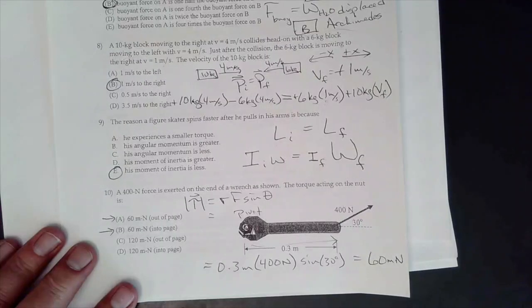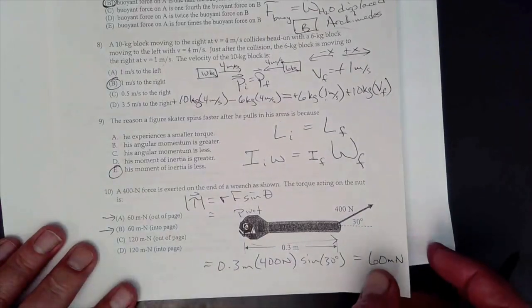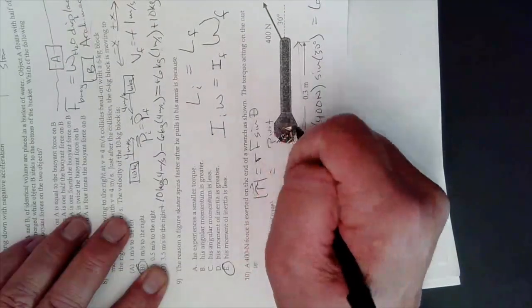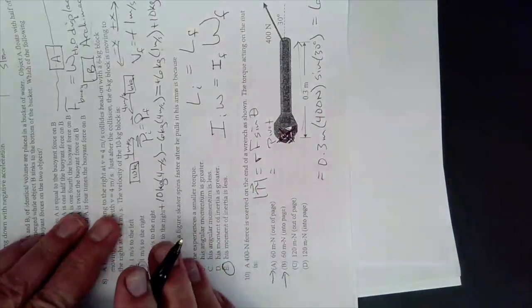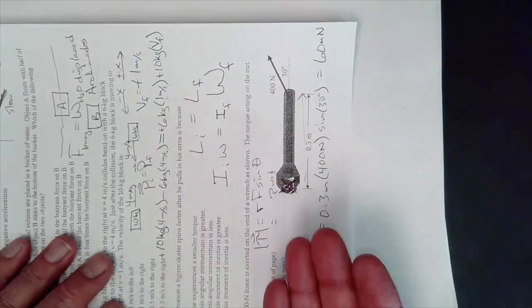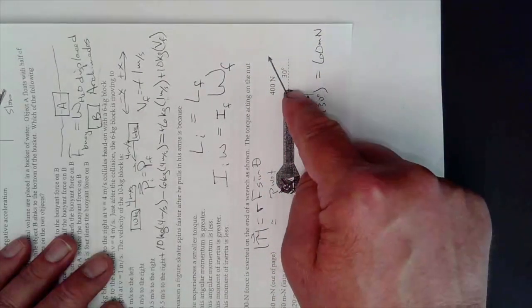Now, to find the direction of a torque, we use the right-hand rule for torque, where we start at the pivot point. That's where we're turning that nut. And we reach with the right hand out to where the force is applied. So you reach from here to there with your right hand.